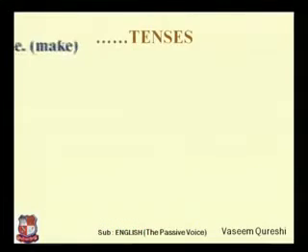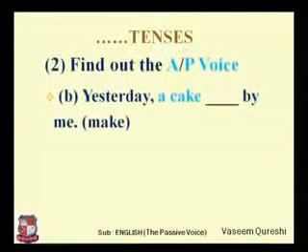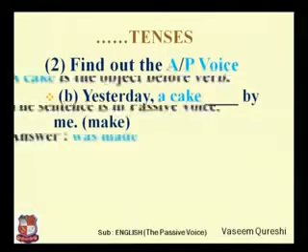When the same sentence is put in a different way, it would be like this. Yesterday a cake blank by me. Again the same verb make is given in the brackets. There is a word cake before the verb, and when the cake as an object comes before the verb, it indicates the passive voice mode in the sentence.